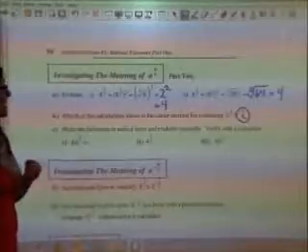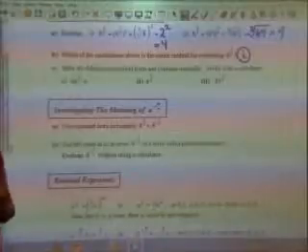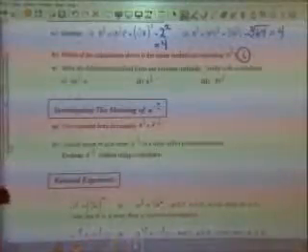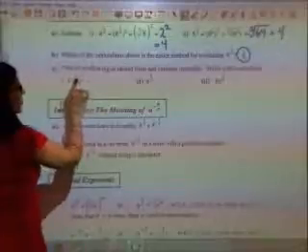So if we look at C, it says write the following in radical form and evaluate manually and then verify with your calculator. So if I wanted to go 64 to the power of 3/2, what I would do is I would do this radical part first.